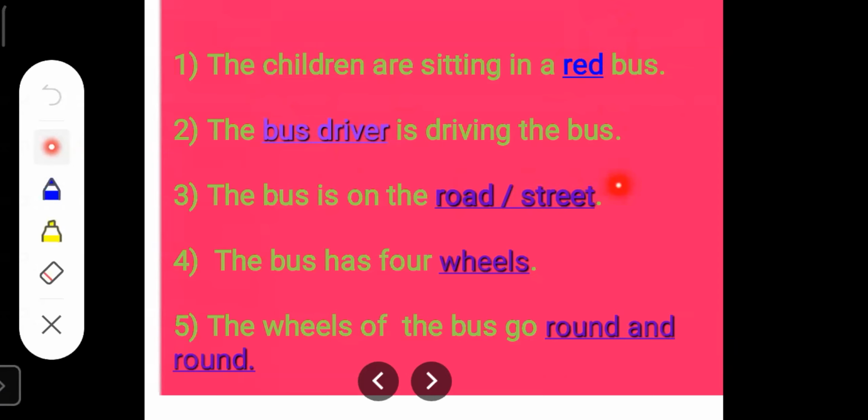Both are the same. Okay. Next is the bus has 4 wheels. You will write there wheels. Then the last one, the wheels of the bus go round and round.